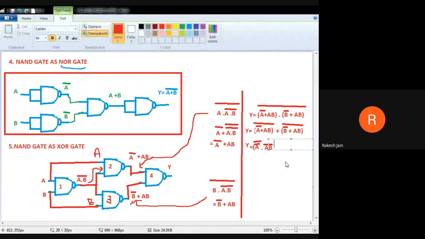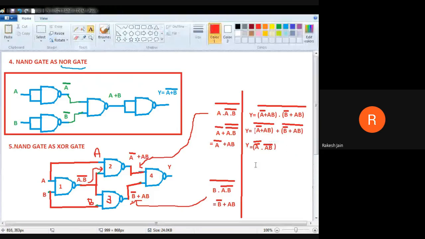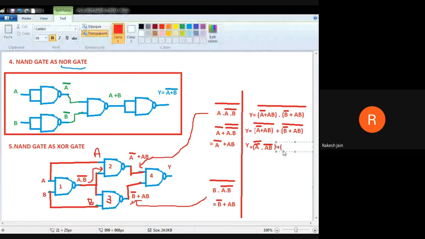Okay, just wait for 1 minute. Then plus, similar to this, the second expression is also a combination of two things with a plus sign having a bar. The first thing is B bar and the second thing is AB. So individually they will be bar.